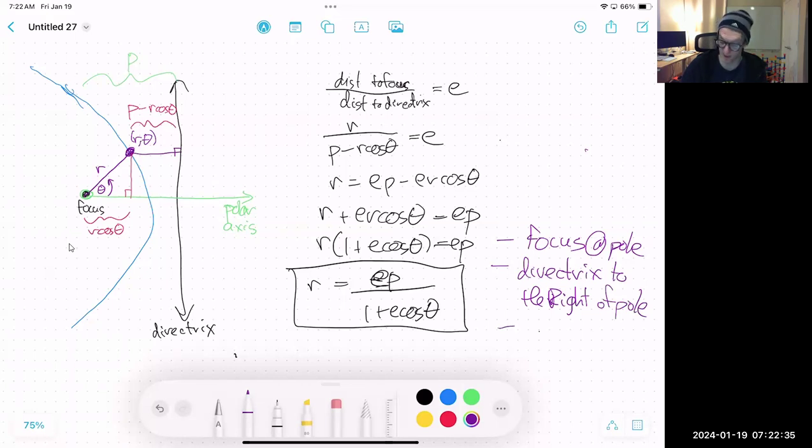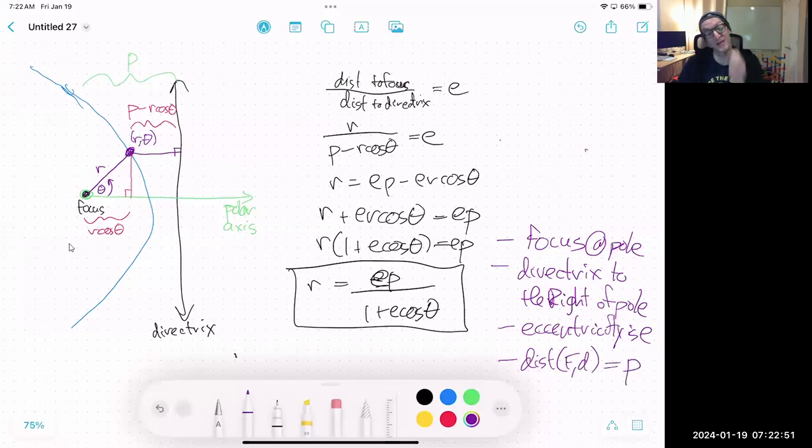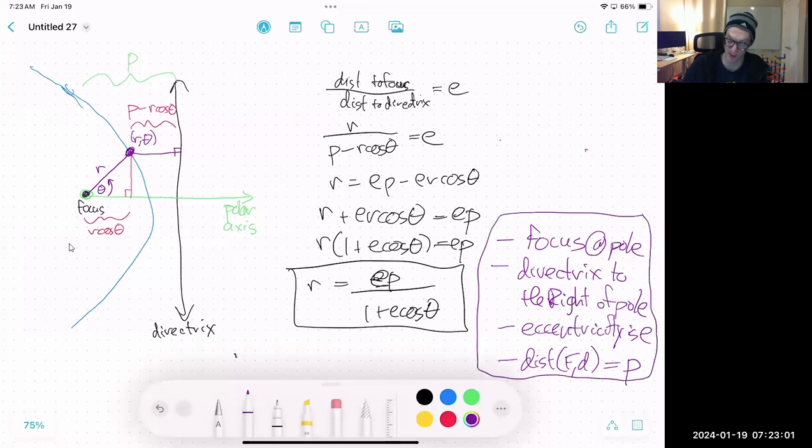Another assumption is that the eccentricity is E. And another assumption, of course, is that the distance between the focus and the directrix is P. In other words, if your directrix is P units away from the focus, if your focus is at the pole, and if the directrix is to the right of the focus, all the things built into this picture, then this is the correct formula for your conic section.